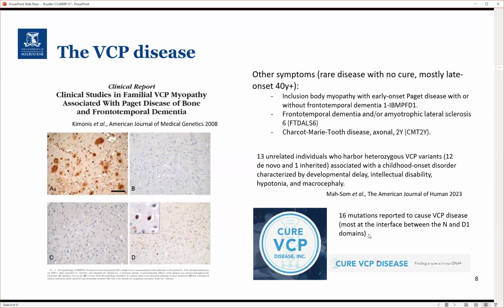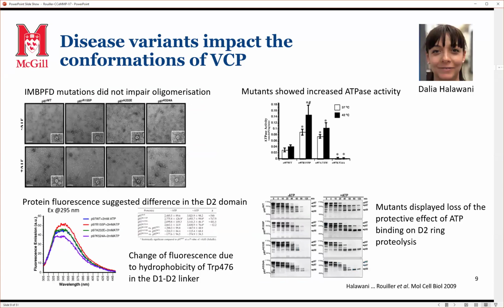There currently are about 16 mutations, all single amino acid mutations in the protein. And what's characteristic is that most of those mutations are found at the interface between the N and D1 domains.